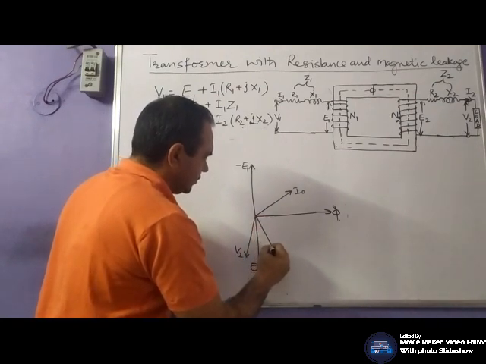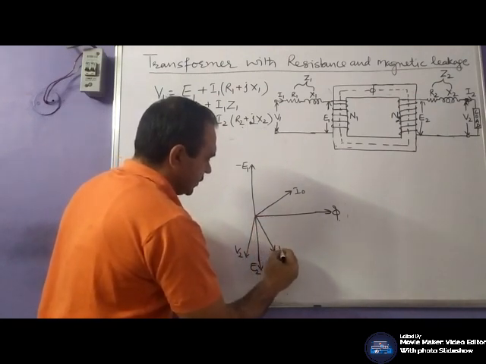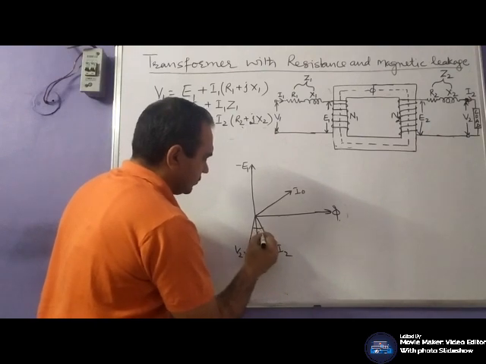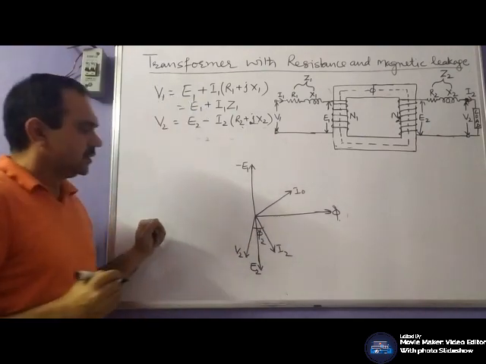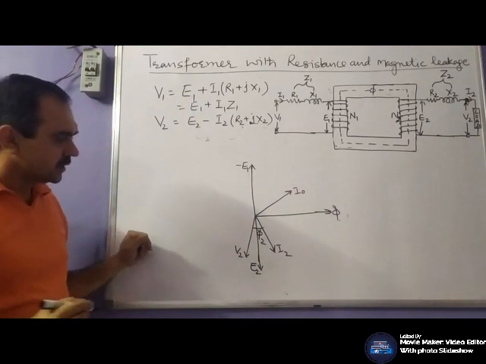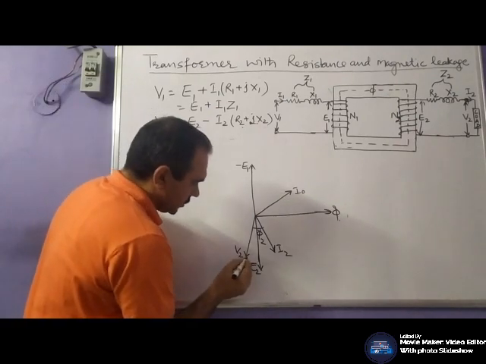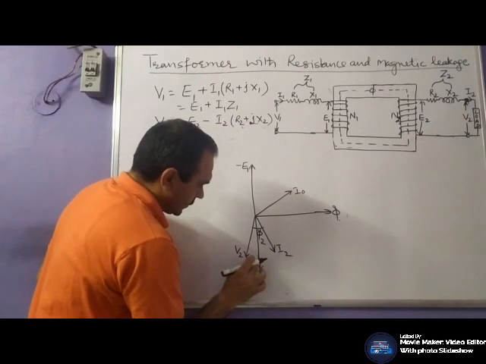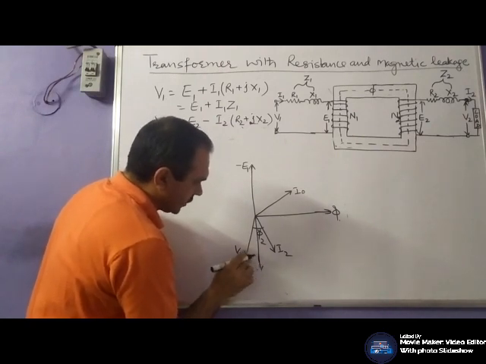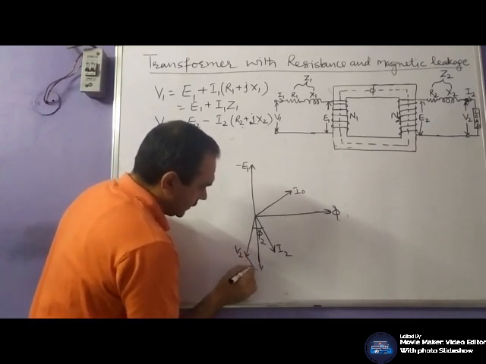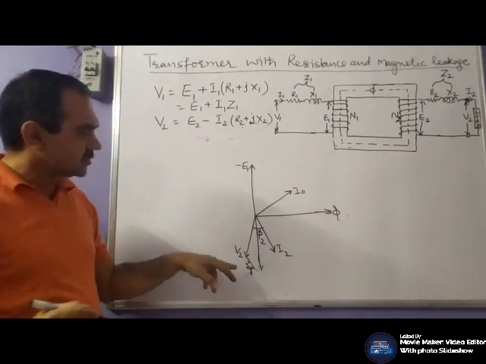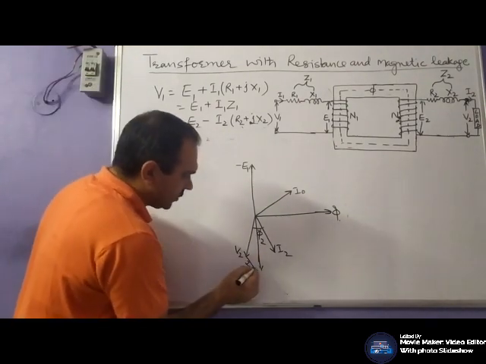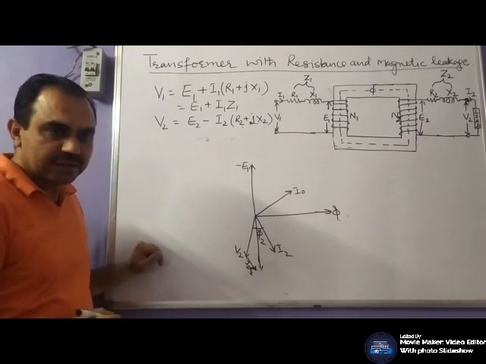I2 leads V2 by phase angle of phi 2. Then your representation: I2 R2, drop over resistance, and this current I2 are in same phase.